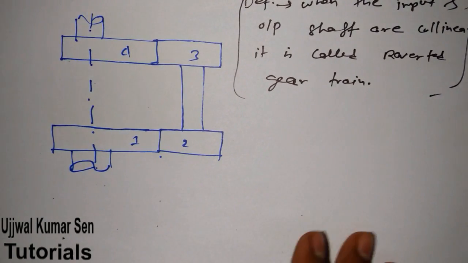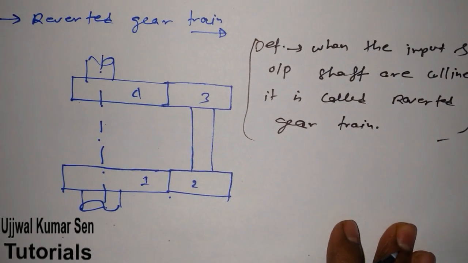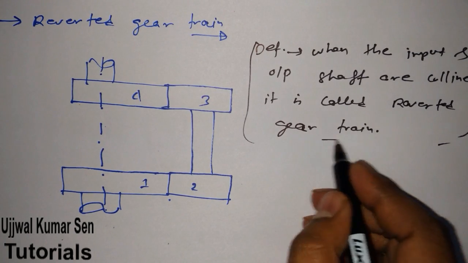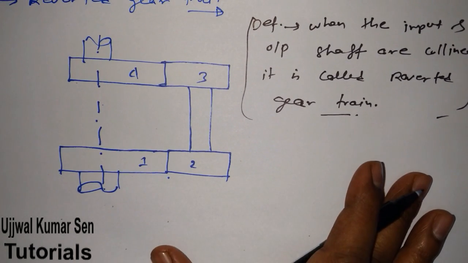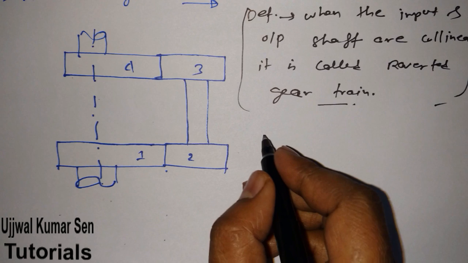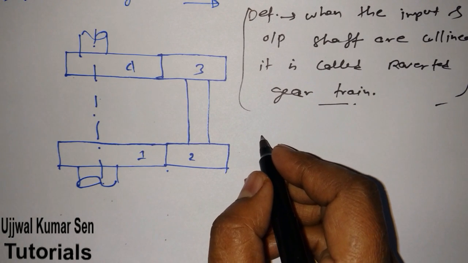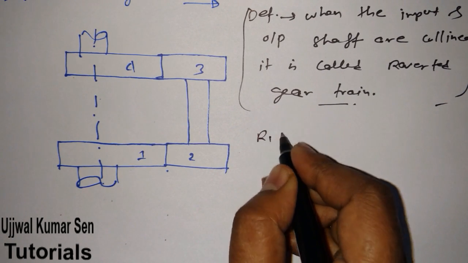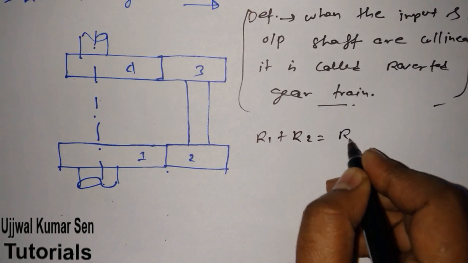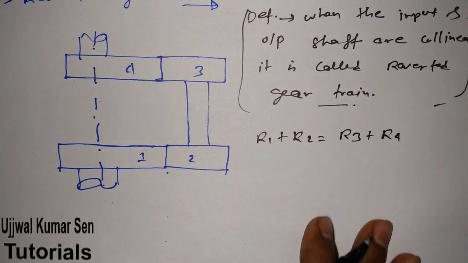So this is the definition. If you are preparing for university examination, this is really good; you need to know the definition, right? Now let's go for the equation, which is also important from the numerical point of view. That is R1 plus R2 is equal to R3 plus R4.